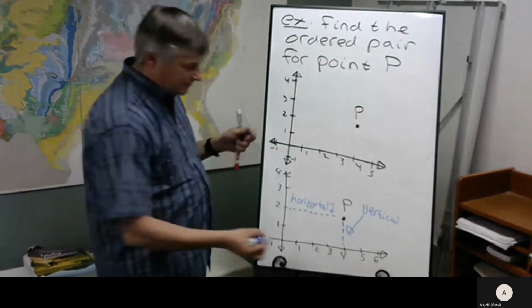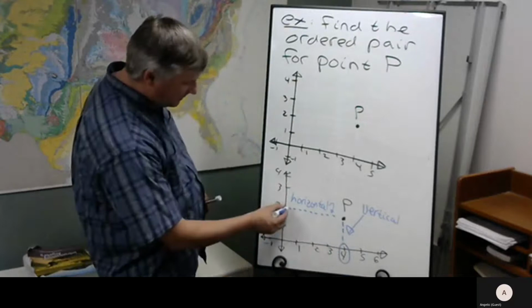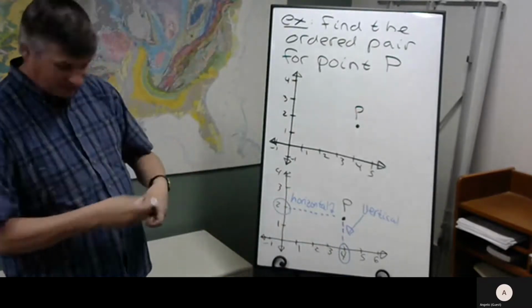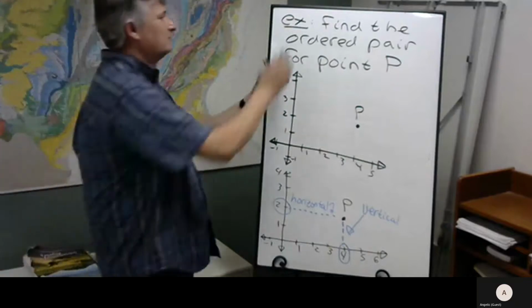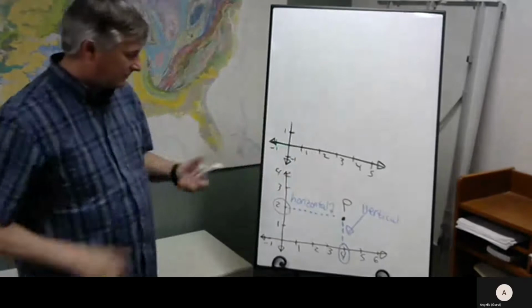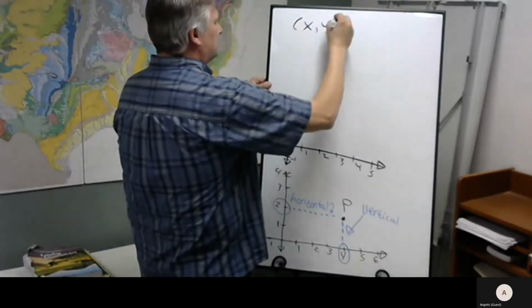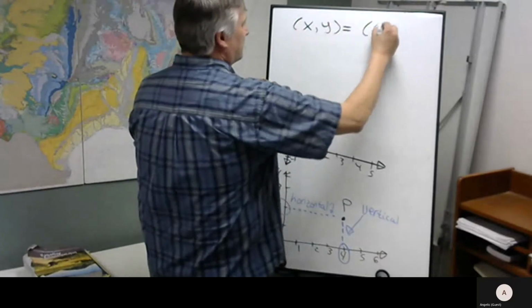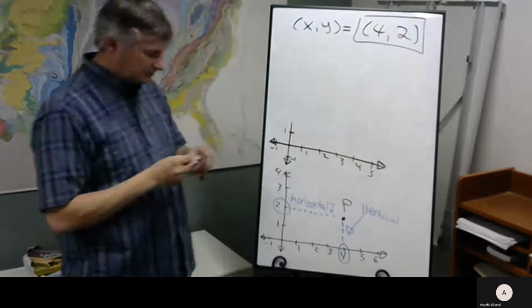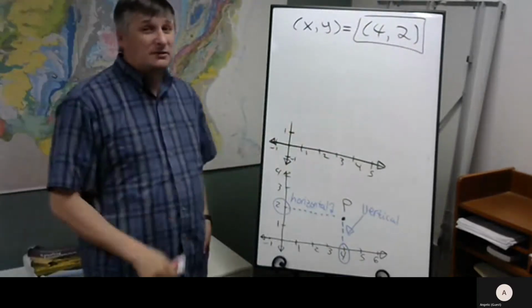And when we draw those lines in, we hit the x-axis at 4. We're going to hit the y-axis at 2. So that means our x, y is 4, 2. So questions about that?